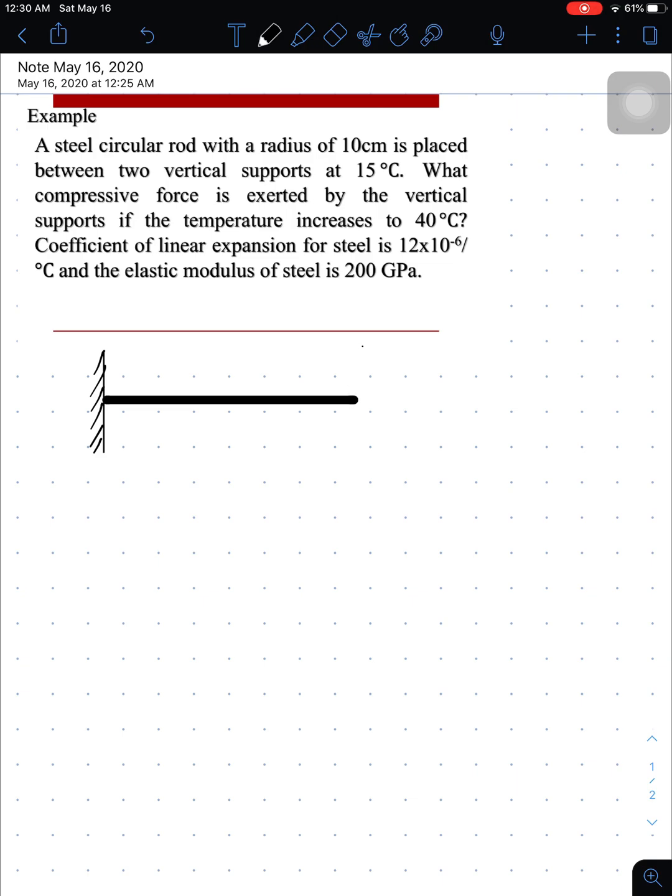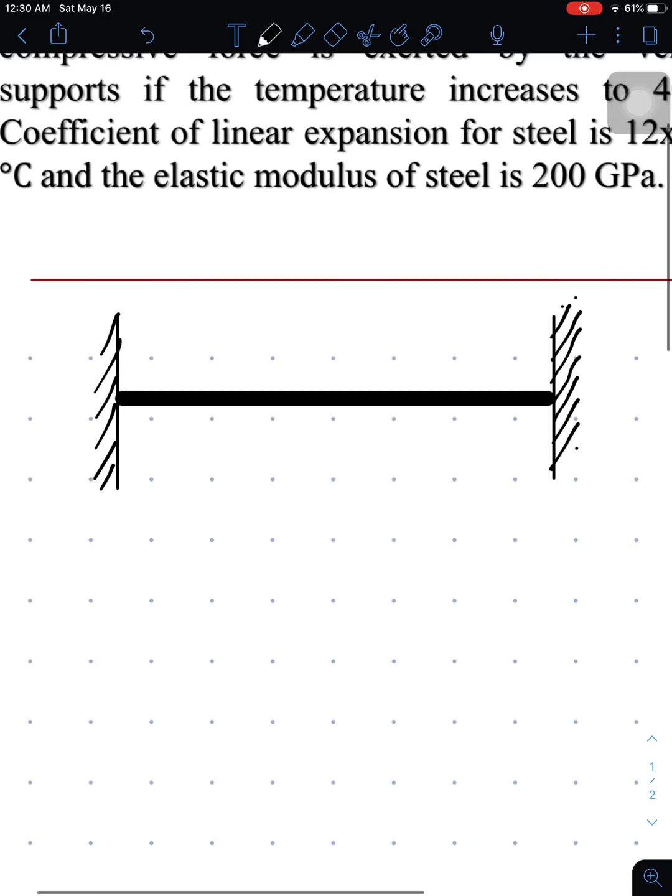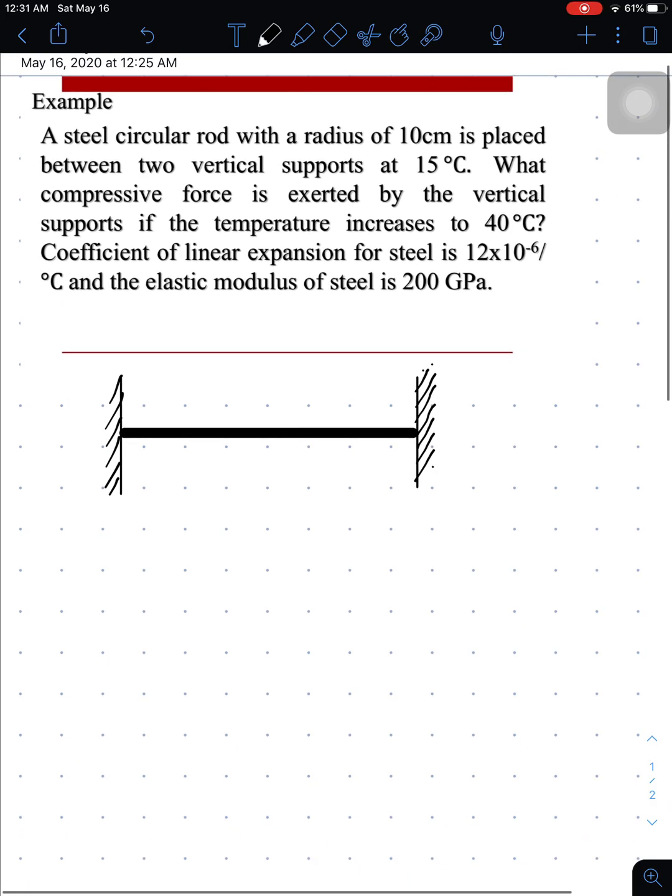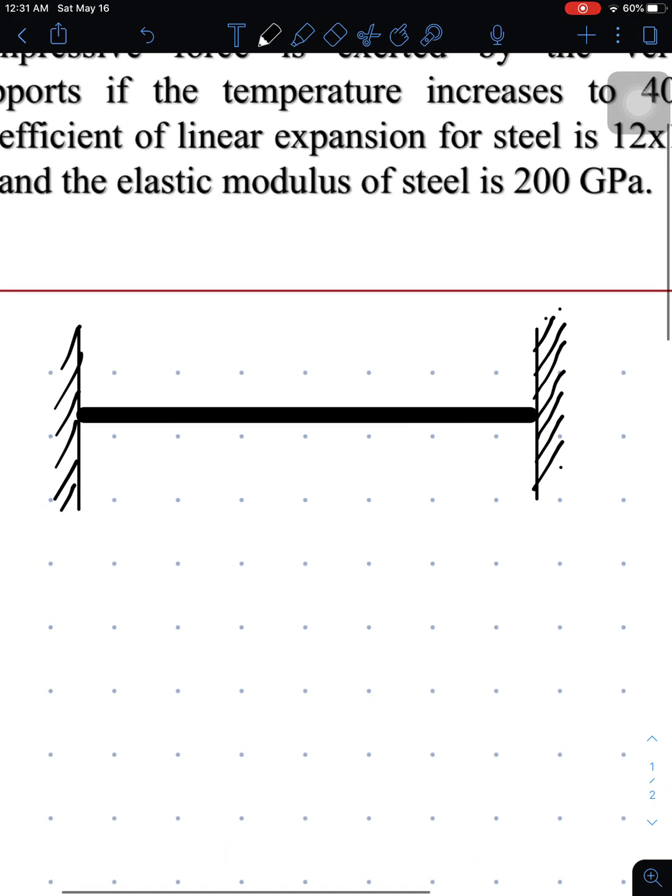It should always be a fixed support. Okay, and then it is 10 centimeters. No, not 10 centimeters. What's the length? None given. So let's just consider the length L.